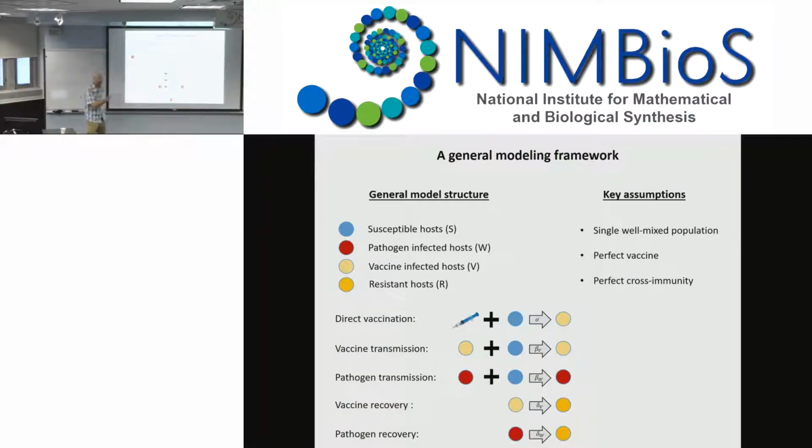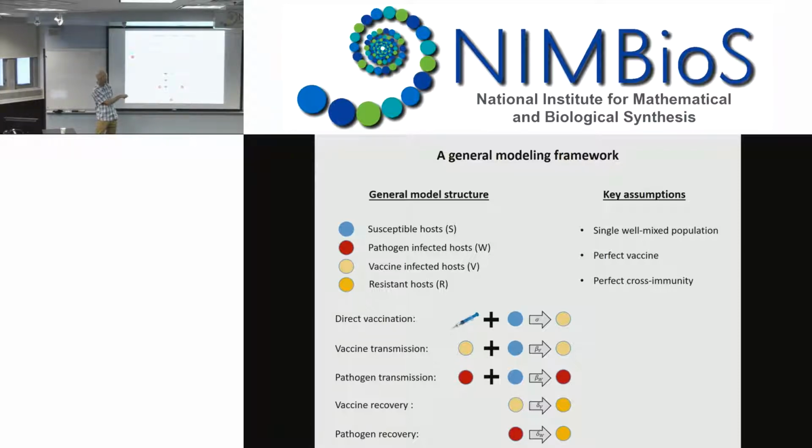So the basic idea with all the models I'm going to talk about today is that we've got susceptible hosts, we've got pathogen-infected hosts, vaccine-infected hosts, and resistant hosts. The transitions we're going to model are that susceptible hosts get directly vaccinated at some rate sigma, and they turn into vaccine-infected hosts. Now, susceptible hosts can also be infected by the vaccine at some rate beta sub v.